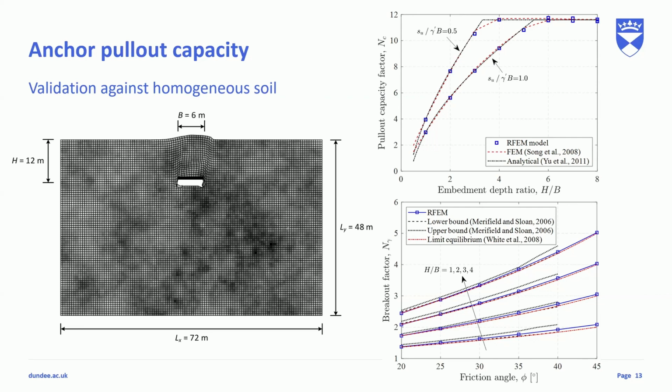Then we pull out the anchor, and in the finite element code we can find out the relationship between the pull-out pressure and displacement. Then we can find out the maximum value. So this is the RFEM, this is an example of deformation.